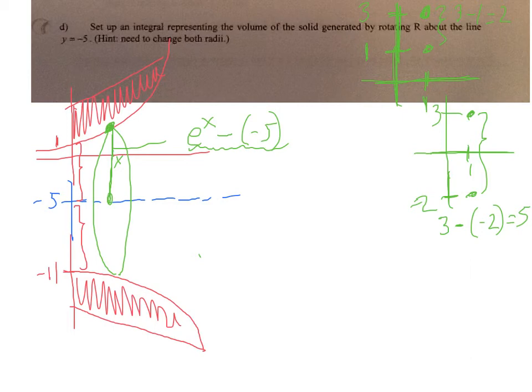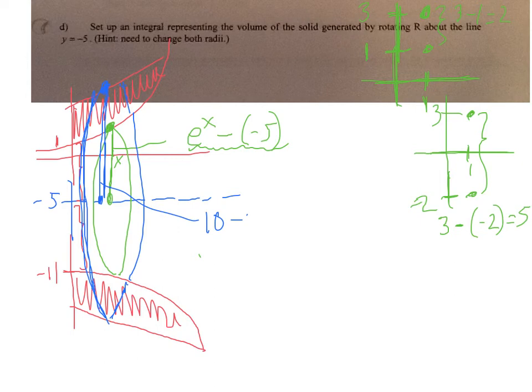And then the larger radius being created by the 10 plus x, that radius is 10 plus x minus negative 5 as well.